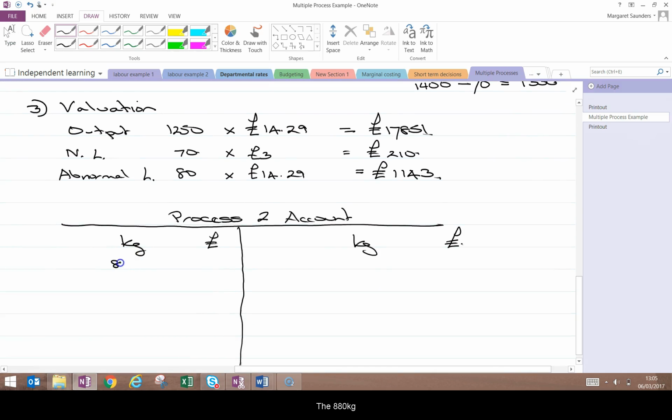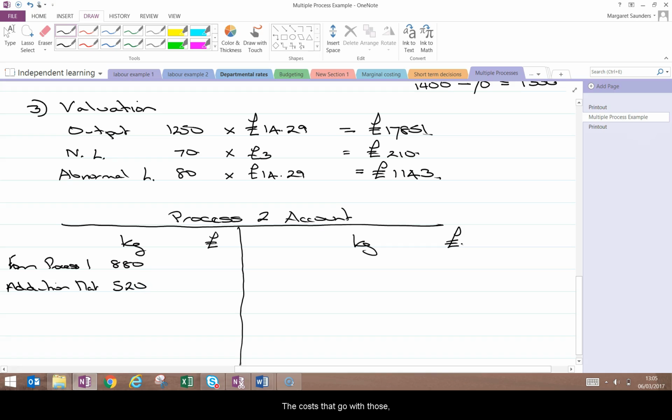So the 880 came from process 1, and then there was the additional material, which was 520.